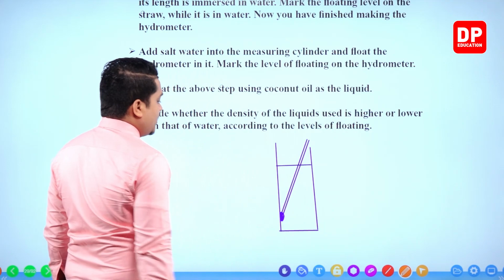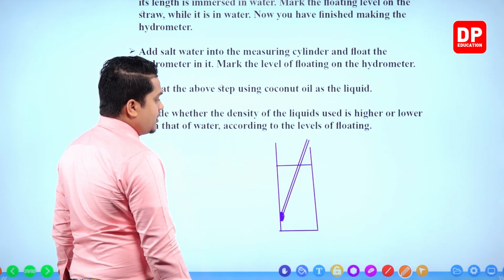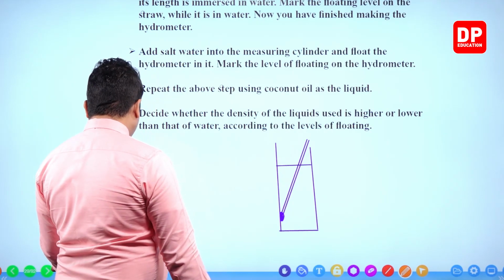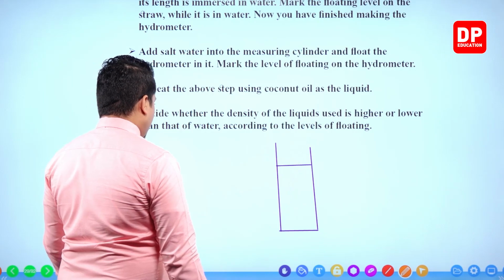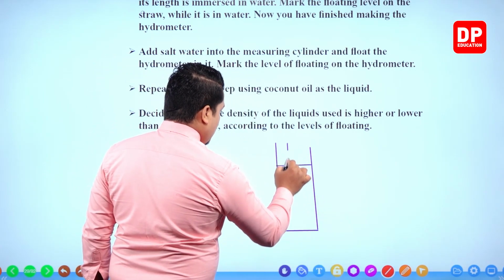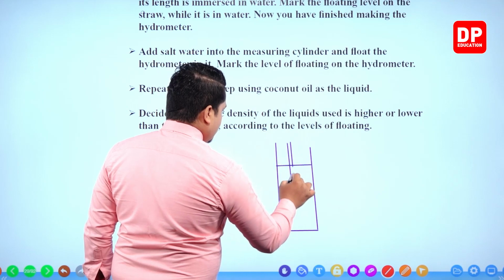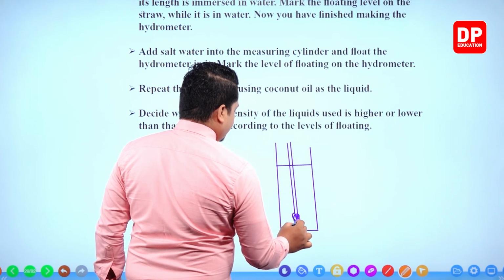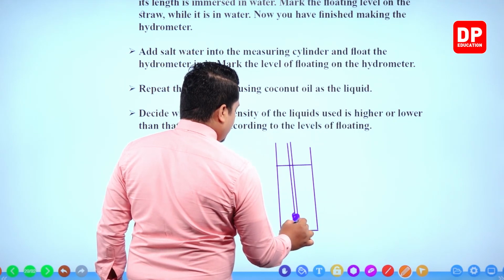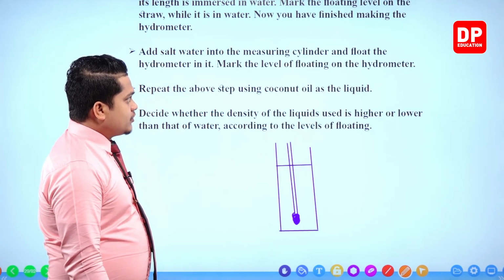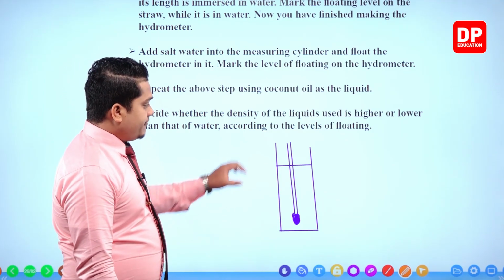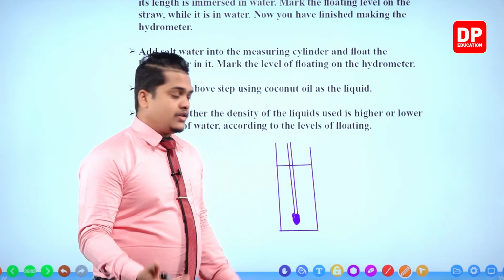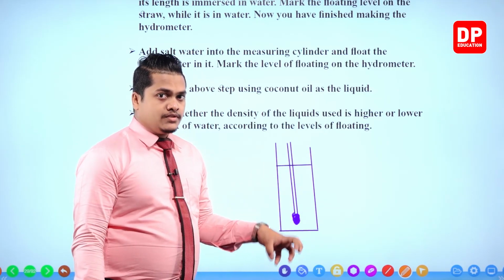It should not touch the surface, or be slanted. It should be very vertical like this. So remember to keep it vertical. If it is getting slanted, then you have to add more mass to the bottom so that it floats vertically.